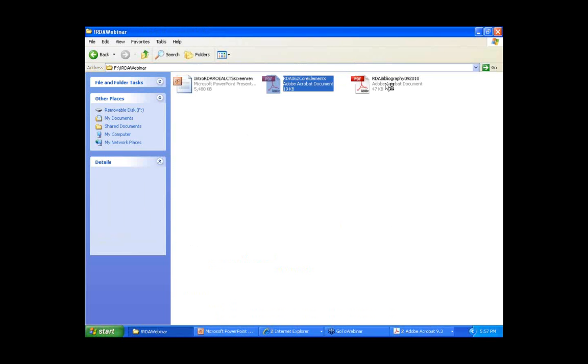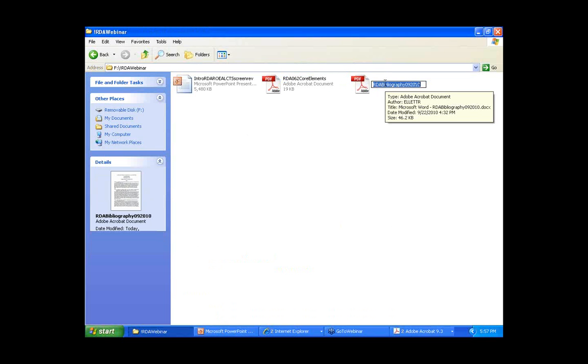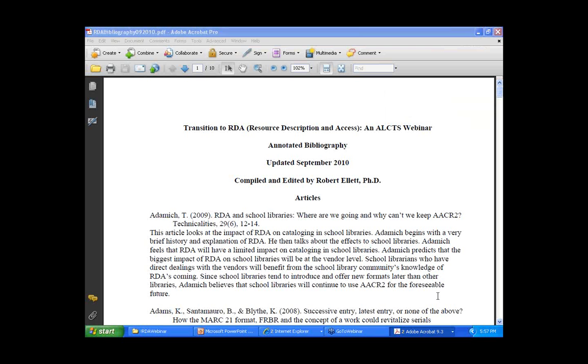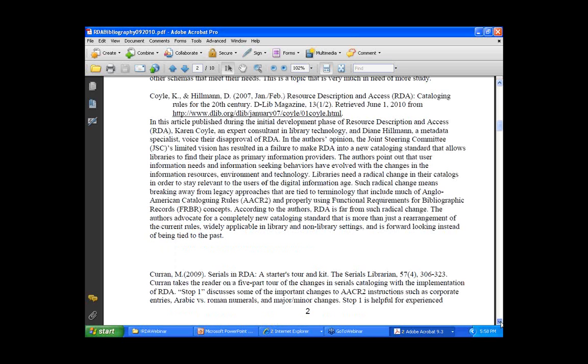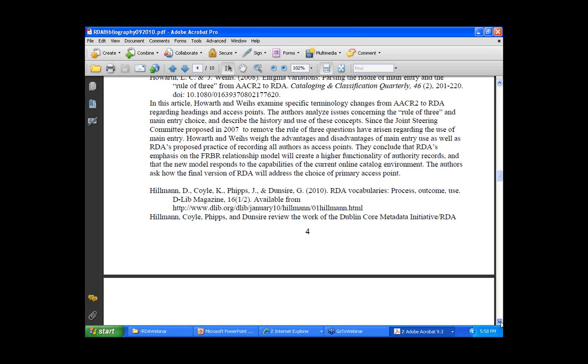Another handout that you'll get is a really nice bibliography that my summer transition to RDA class actually began, and I finished and updated it. And what it gives you is an annotated bibliography of articles and books and presentations dealing with RDA. I tended to leave out just the ones that deal just with FRBR, for example.